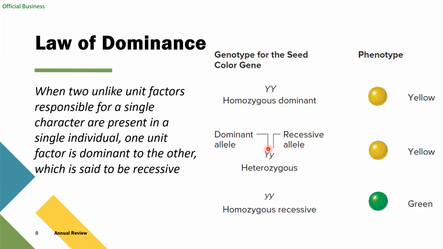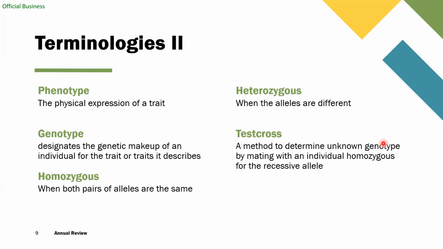The manifestation of the trait resembles or favors the dominant one. So yellow is the dominant trait, so the phenotype is the color yellow. It shows as yellow even though it carries an allele for green. So that is the law of dominance. The dominant trait shows, while the recessive is masked.